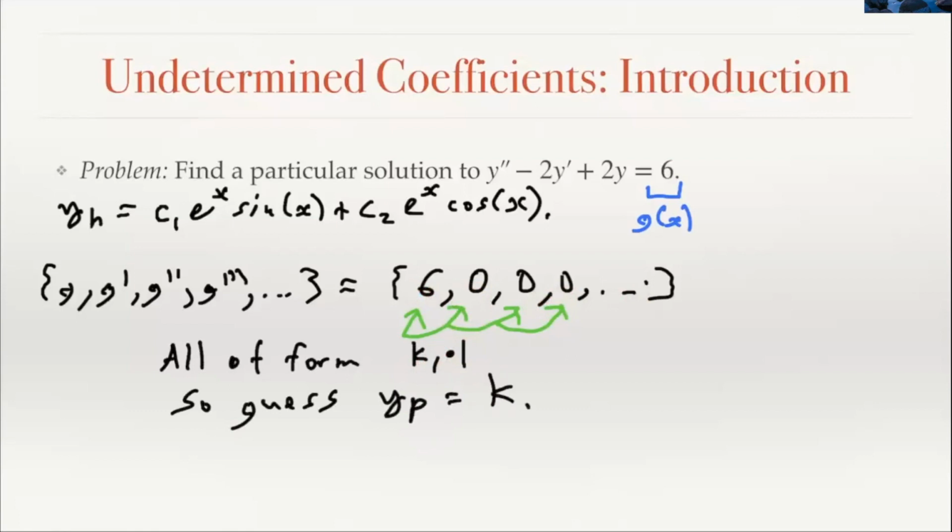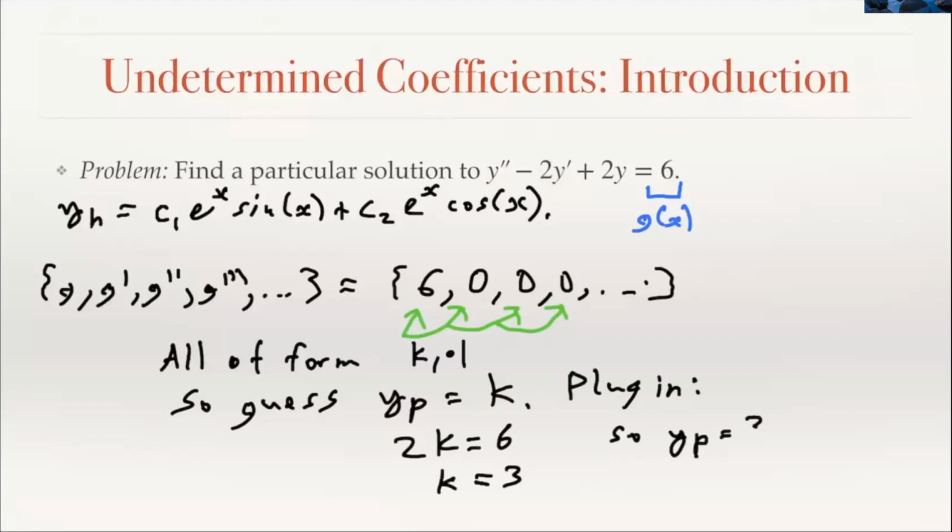That's it. yp is going to be a constant. And this is super easy if we plug in. Well, the derivative of a constant is 0. So when we plug in, we just have 2k equals 6, and thus k is 3. So yp is 3.